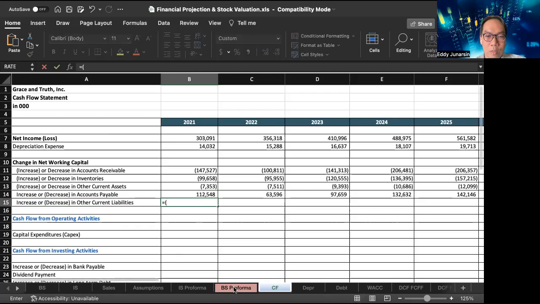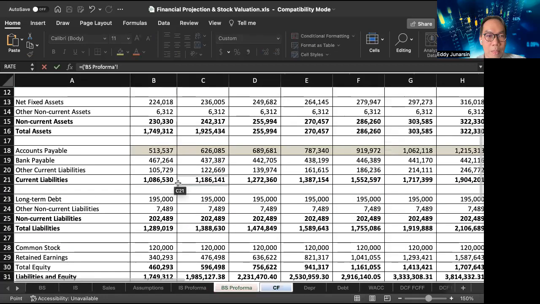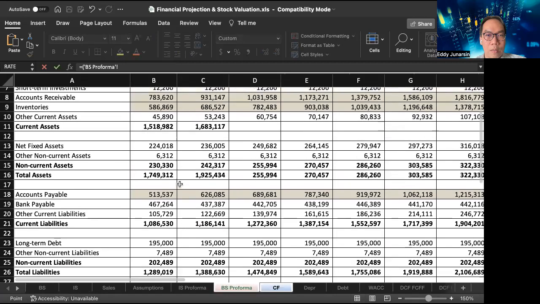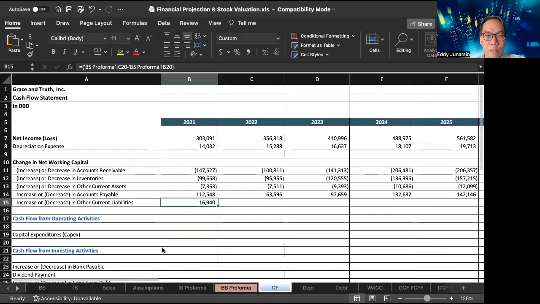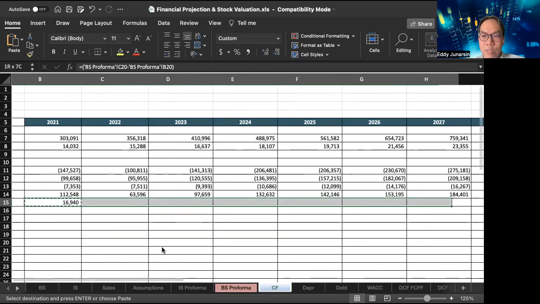It should be 21 minus that in 2020. So increasing, right? Increasing means you have more current liabilities. You save money, right? You save your cash because now you're adding more borrowing, short-term borrowings.